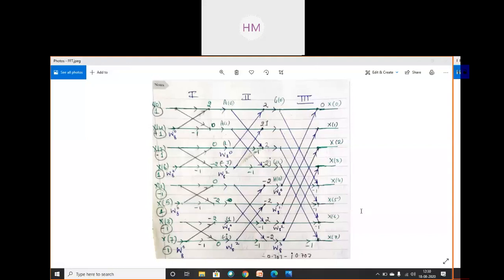The values are 1, -1, -1, -1, then again 1, 1, 1, then again -1. So these are my 8 values. Using radix 2 DIT FFT algorithm, find DFT.